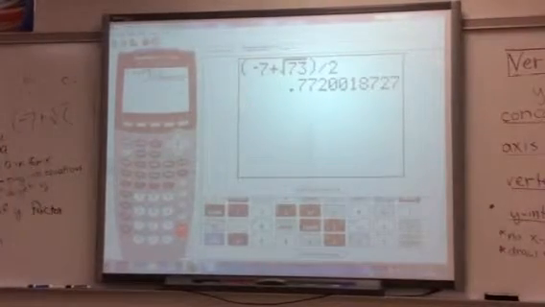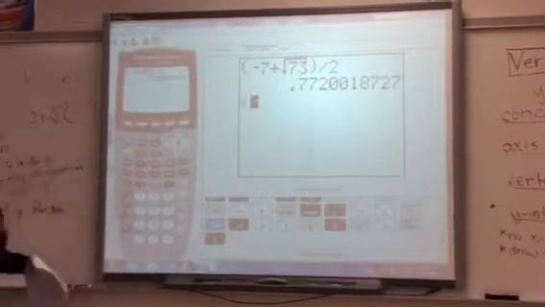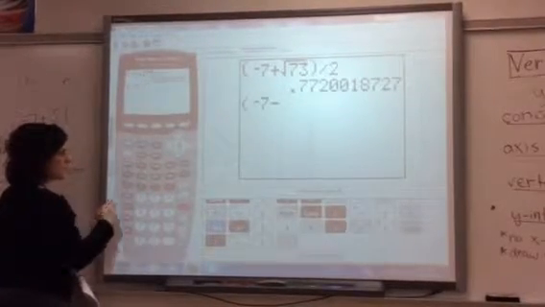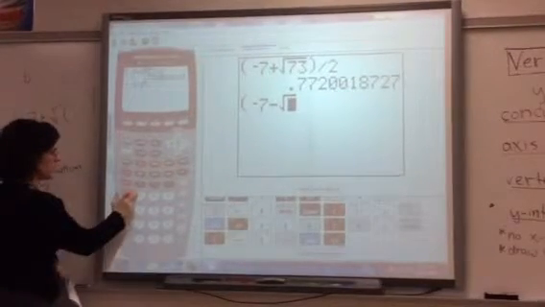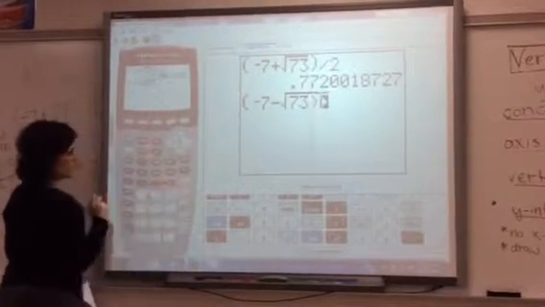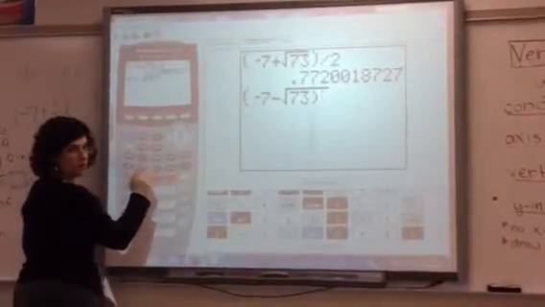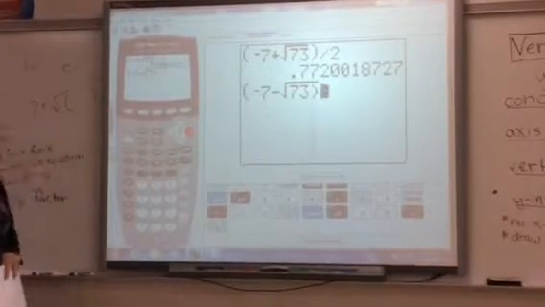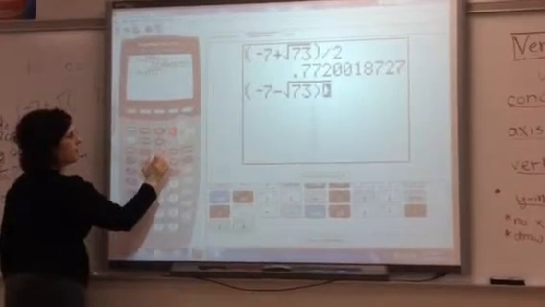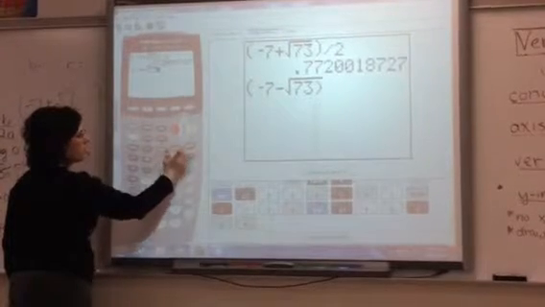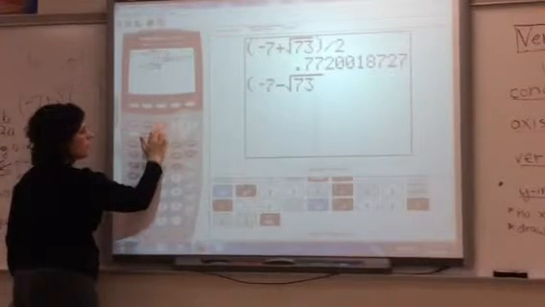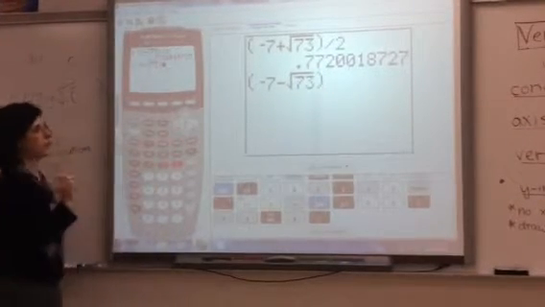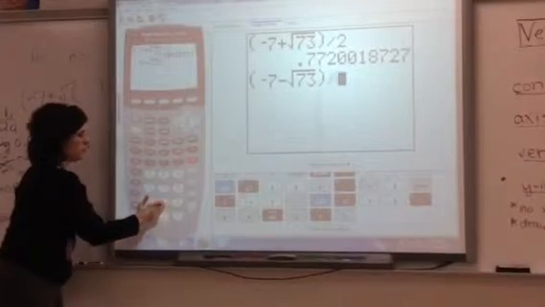We're now going to change the other one into a decimal. Parentheses, -7 minus second square root of 73, parentheses, arrow outside, close your parentheses, and then divide by 2.